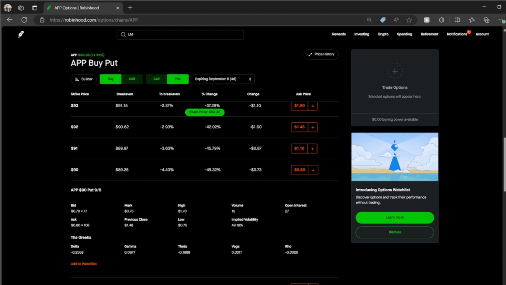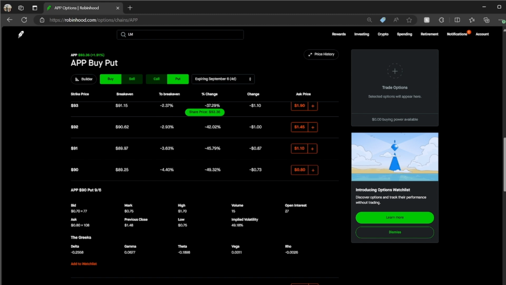The bid, there's currently 77 bids at the 70 cents price mark. Again, in options nomenclature, 70 cents means $70 because all options are in increments of 100 shares. So that's 70 times 100.